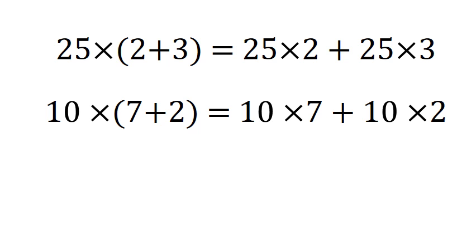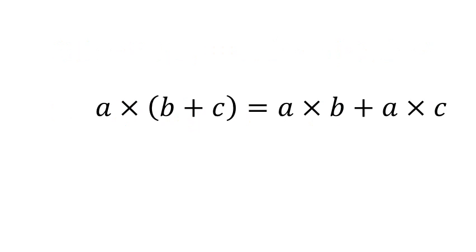Observe the second example. In the second example, 10 times (7 plus 2) is 10 times 7 plus 10 multiplied by 2. So this is the general formula of distribution. A times (B plus C) is A times B added to A times C.